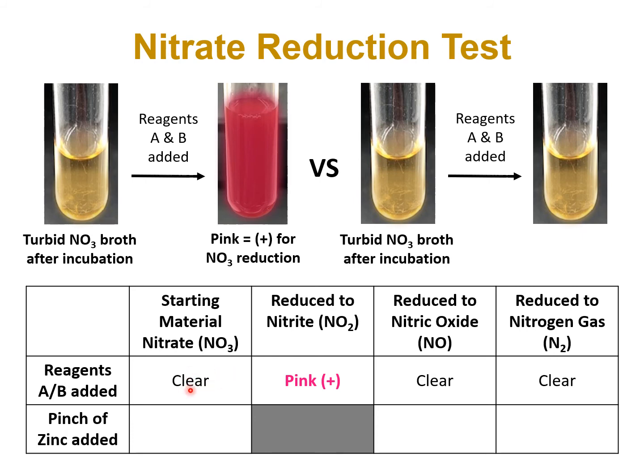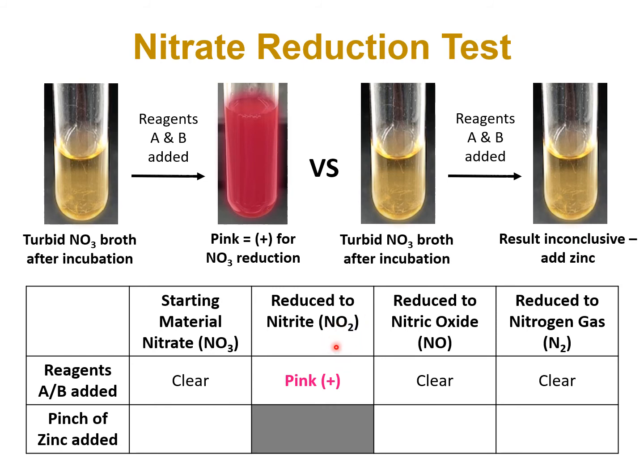So if your result after adding those two reagents was clear, this is inconclusive, meaning I am not sure whether the bacteria really didn't go through any reduction, or maybe it did go through reduction. So it's inconclusive. You're going to go like, well, wait a second, it's not pink.